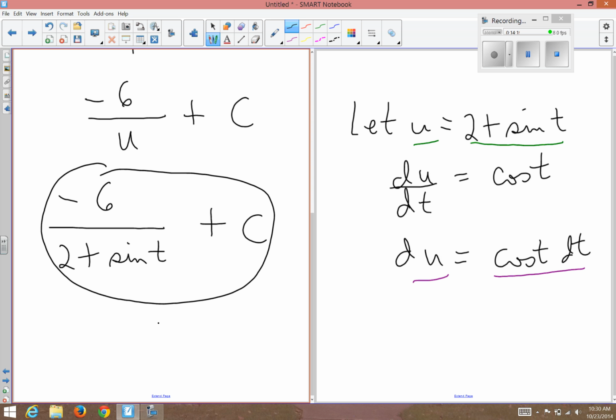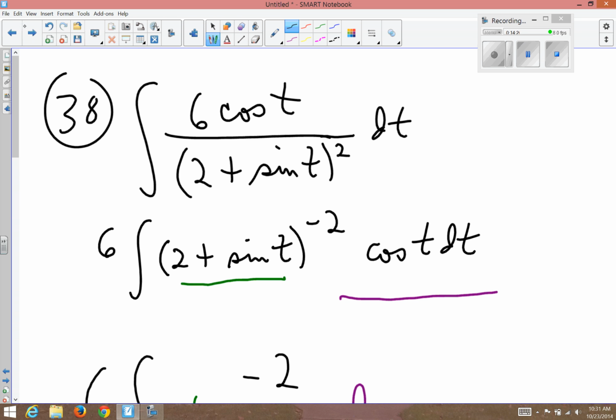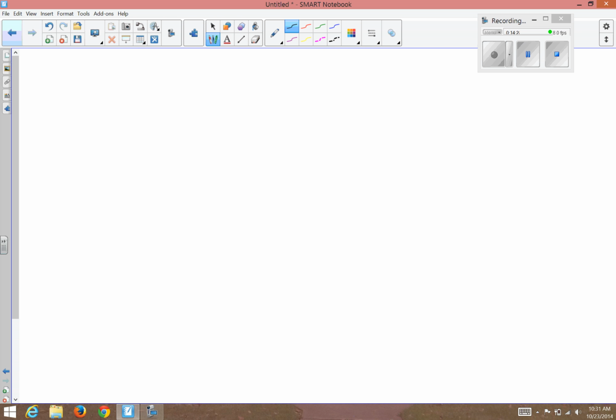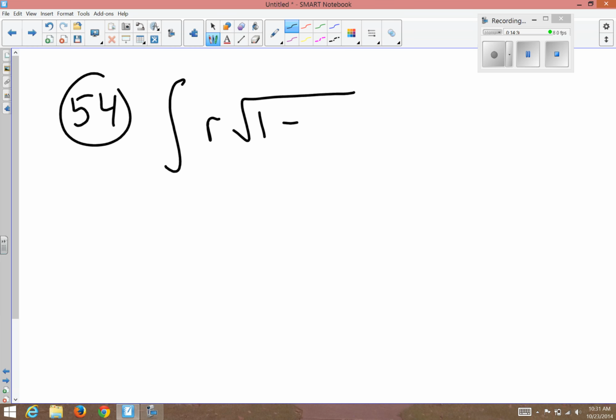All right, now let's check out number 54. This is a definite integral. The integral of r times the square root of 1 minus r squared dr from 0 to 1.